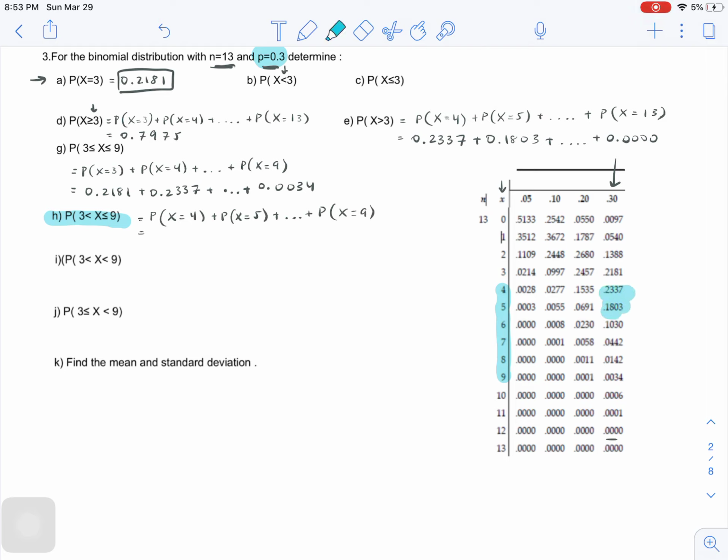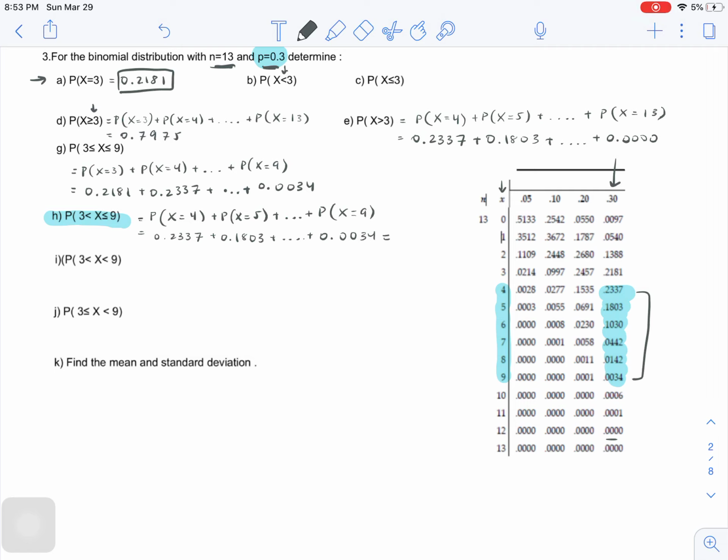Let me highlight those probabilities. So I want to add up 0.2337 plus 0.1803. Add up all of these, up to and including 0.0034.